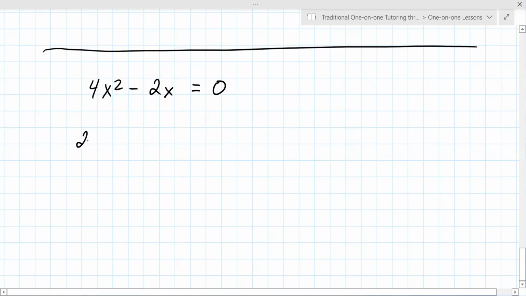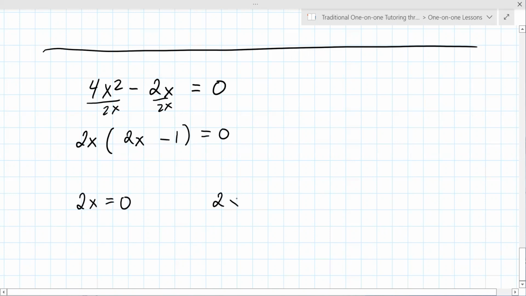2x. Okay. So if you're not sure what to put inside the parentheses, you're dividing both of these by 2x. That is sometimes a shortcut here. So 2x minus 1 equals 0. And then you set both factors equal to 0.